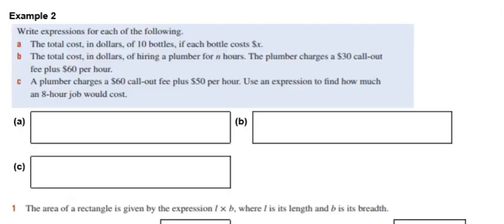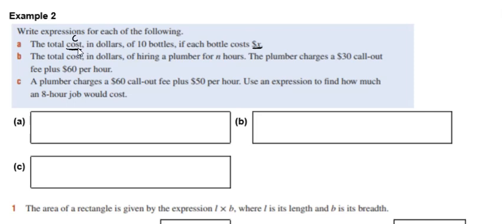Okay, example 2. It says write expressions for each of the following. So part A, write an expression for the total cost in dollars of 10 bottles if each bottle costs X dollars. We've already got one letter, which is X, representing the cost of the bottles. I'm also going to use the letter C to represent the cost.